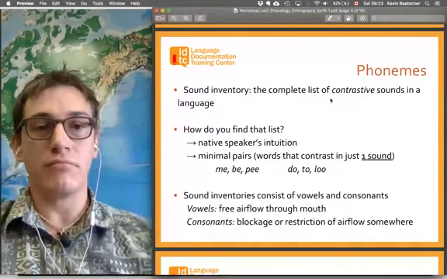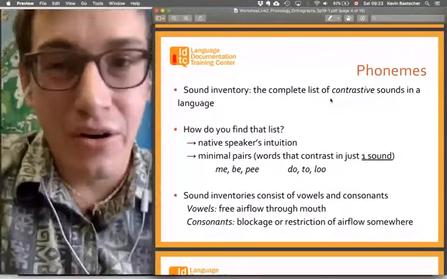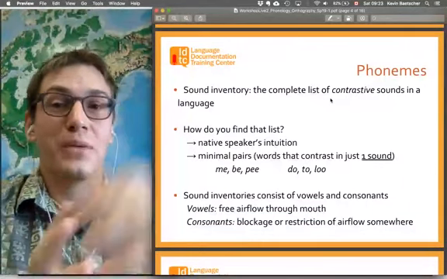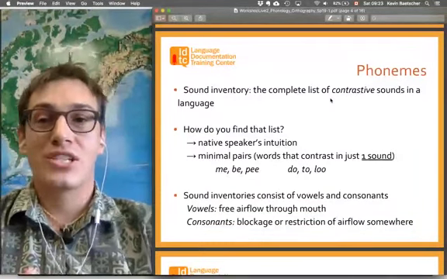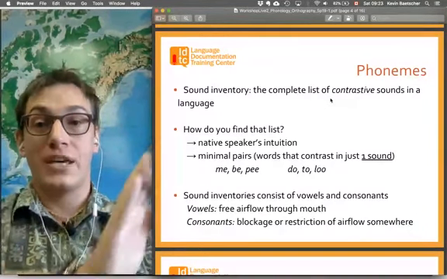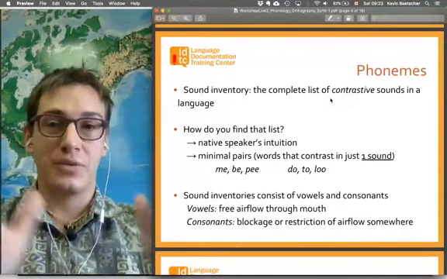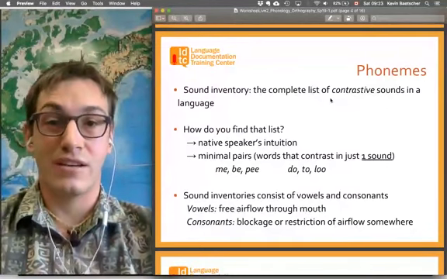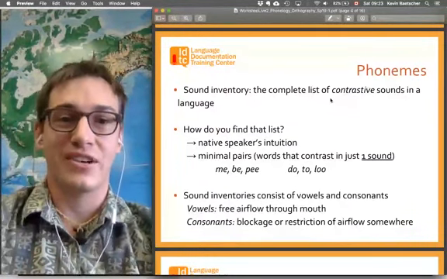Yeah. So there are more complex, more complicated ways to figure out which sounds are really contrastive and which are a combination of sounds as opposed to single sounds. But we won't go into too much detail here. And like I said, we can't talk about all the languages right now.